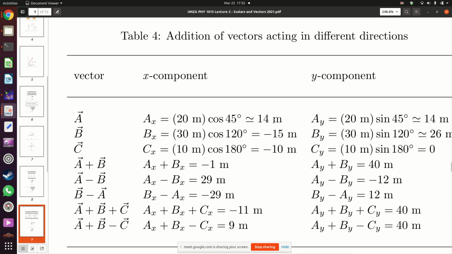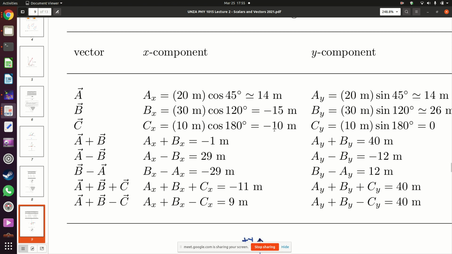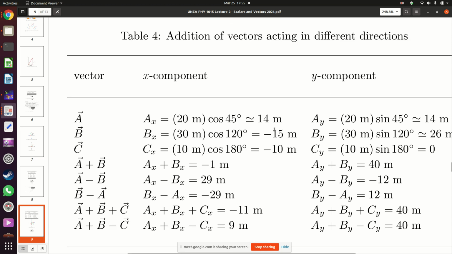And that is what's happening in this table here. We are working out the components of vector A, vector B, and vector C.